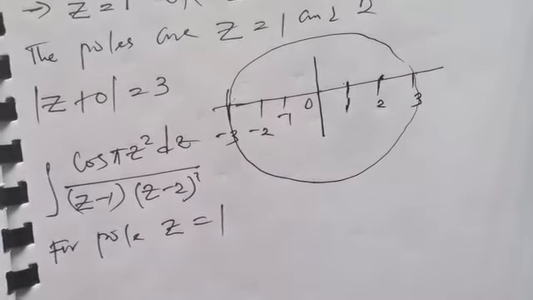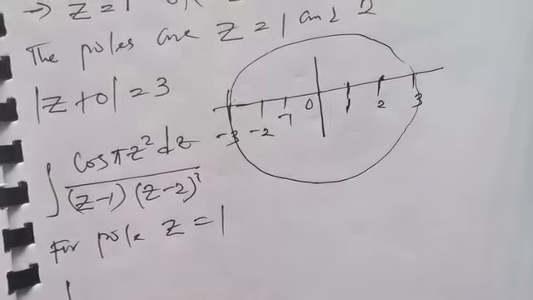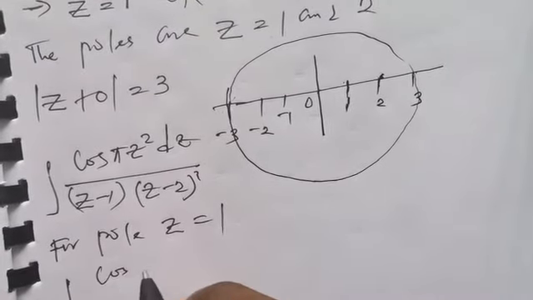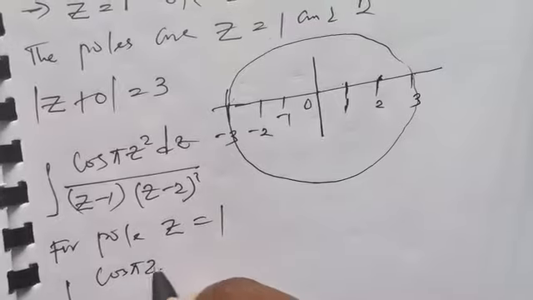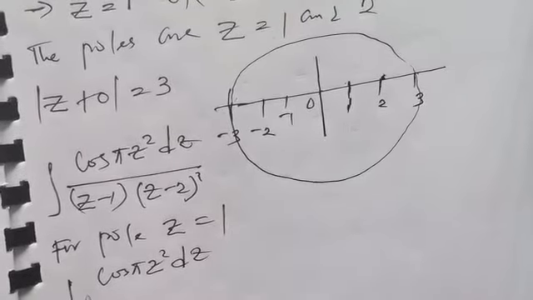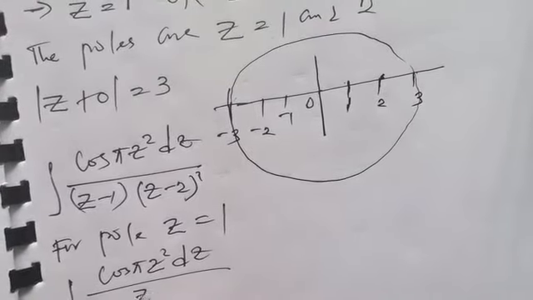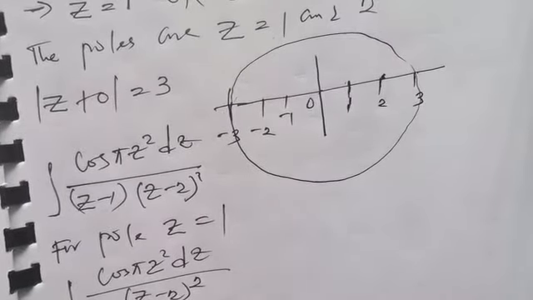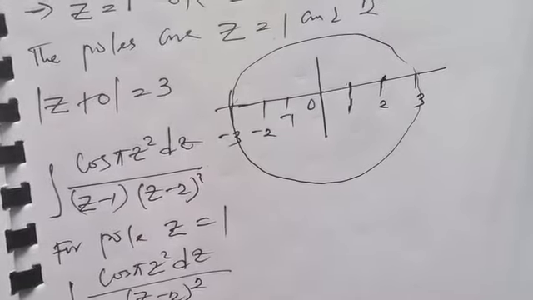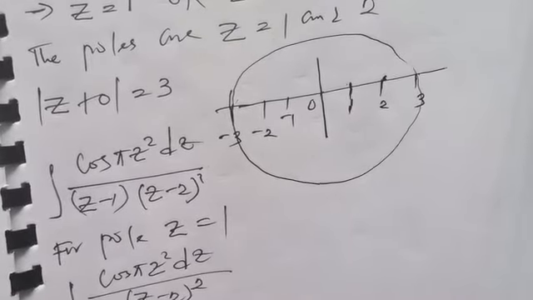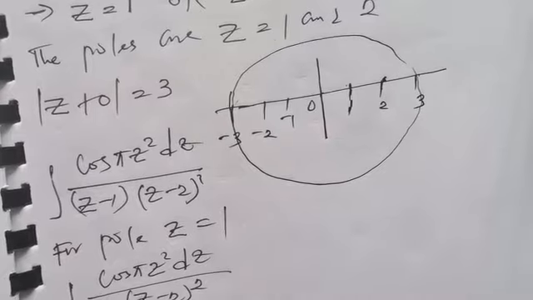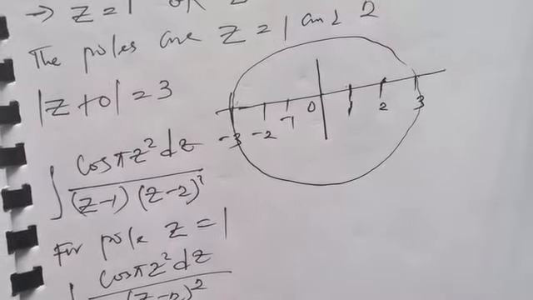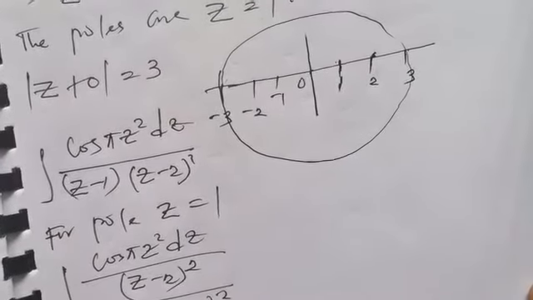So this is now the integral of cos(pi z squared) dz divided by (z minus 2) to the power of 2, all over (z minus 1) times (z minus 2) all squared divided by (z minus 2) all squared.